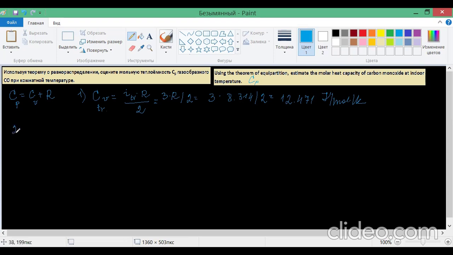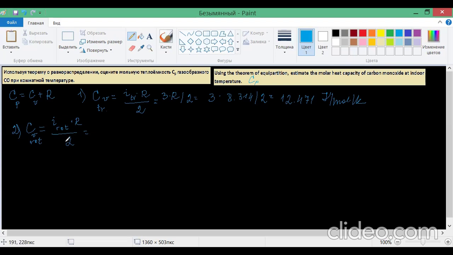The second input is rotatory movement input, right? C sub V rot, rot stands for rotatory, is equal to I rot times R over 2.